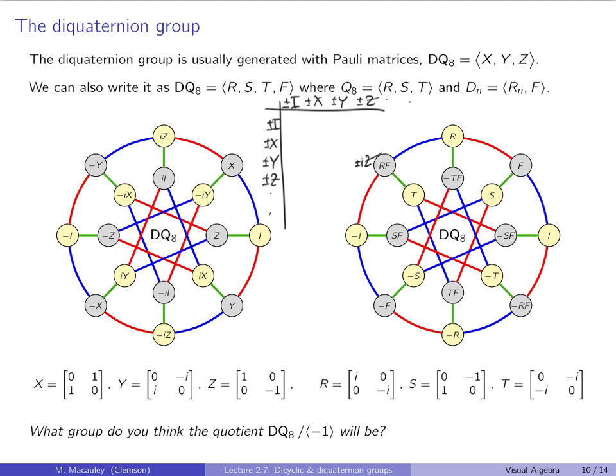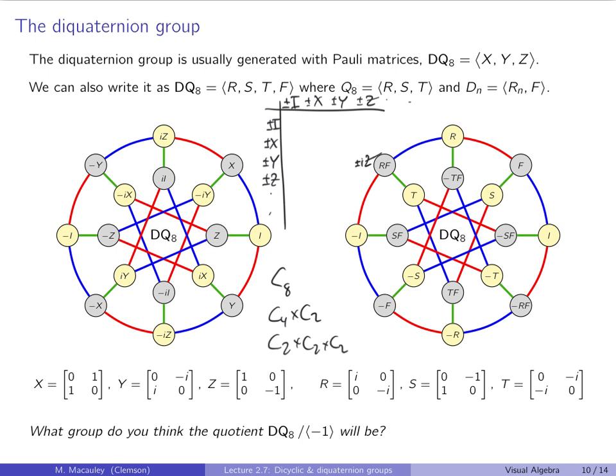Now, this is not always going to work, but I claim that in this case it does, and I want to ask you, what is this group? And if you construct this table, it'll be an 8 by 8 Cayley table, and there's only 3 abelian groups of order 8. There's either C8, or C4 cross C2, or C2 cross C2 cross C2.